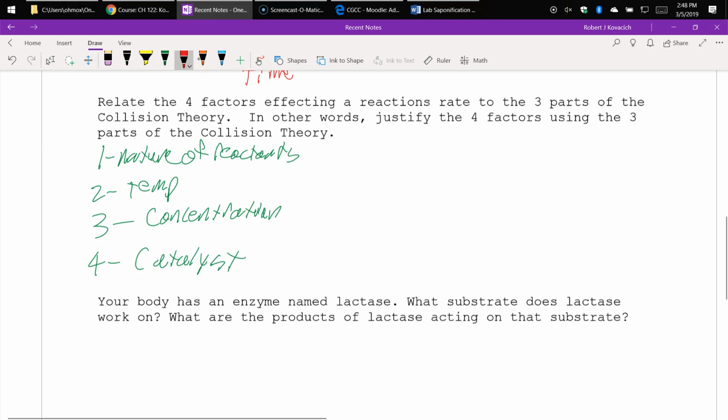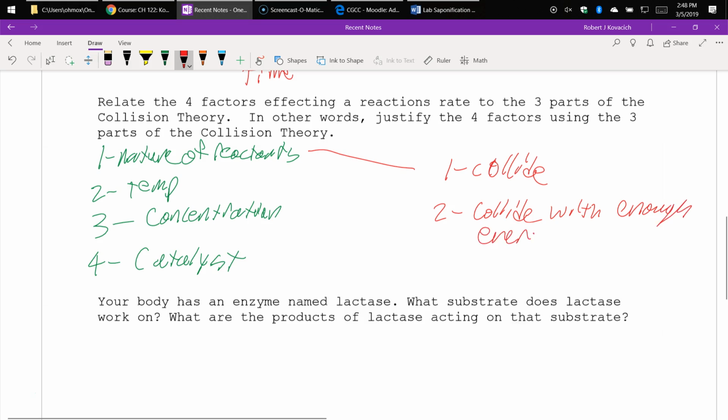All right, so how do these relate? The three parts of the reaction collision theory are collide, okay.